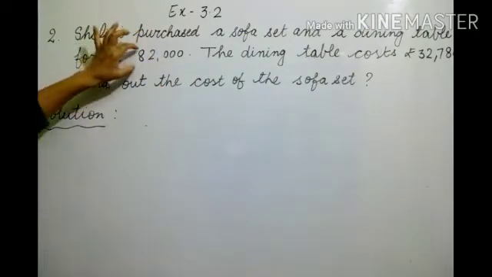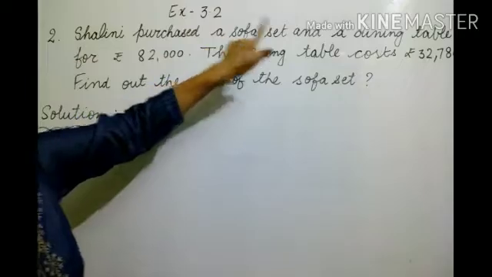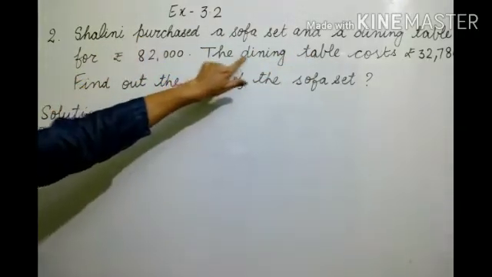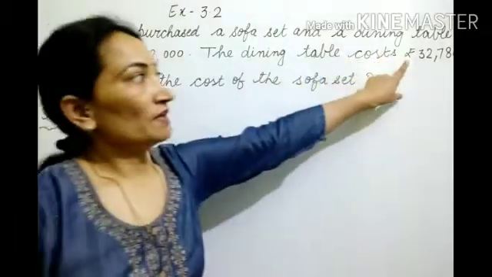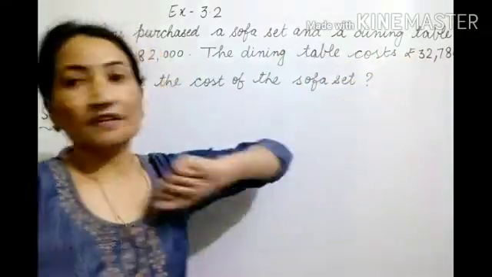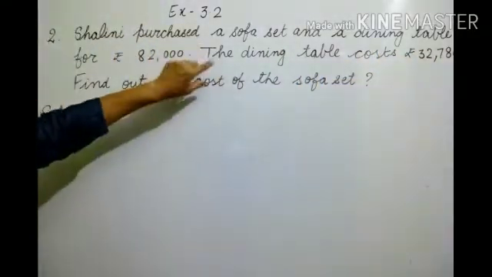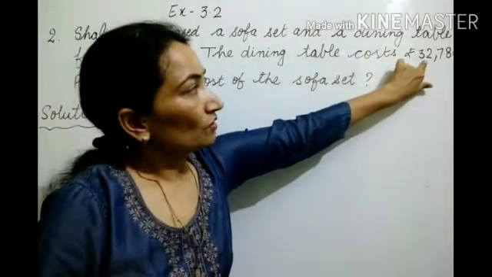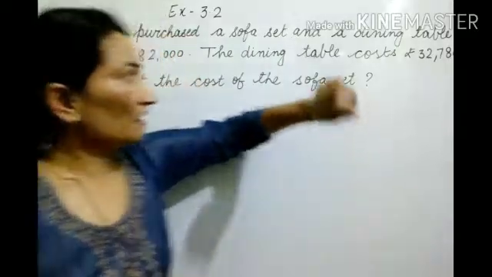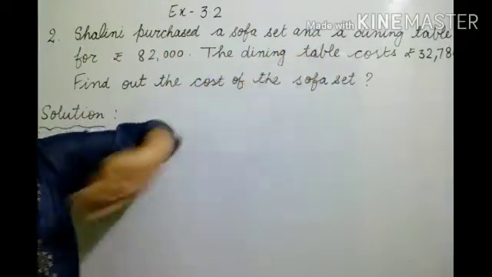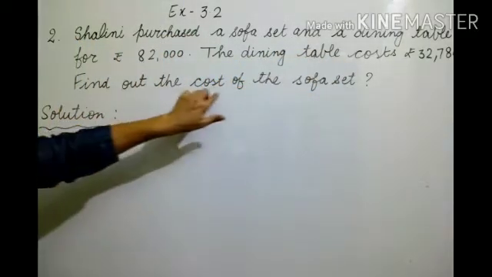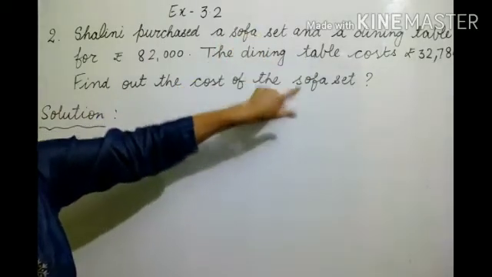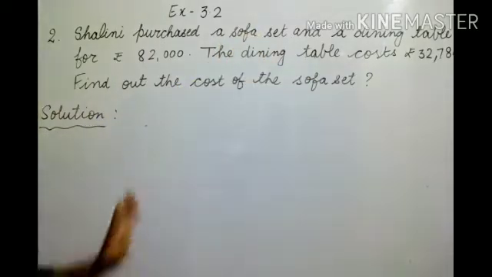Means the cost of both the items is 82,000 rupees. The dining table cost rupees 32,780. Means the cost of one of the items is given, 32,780, and the item name is dining table. Find out the cost of the sofa set. Means the cost of the sofa set you have to find.